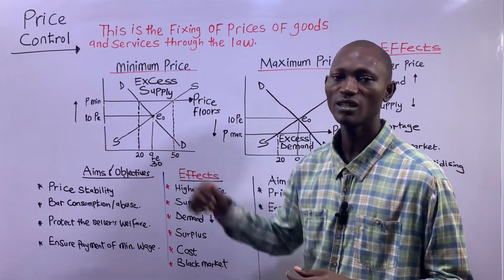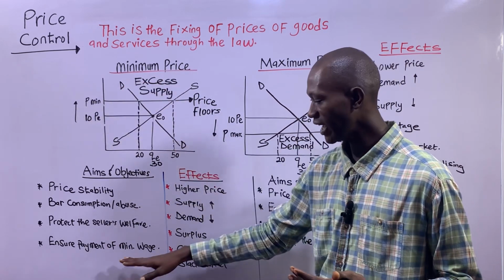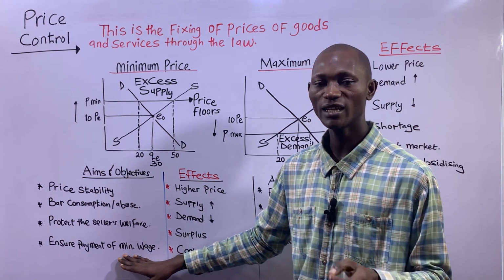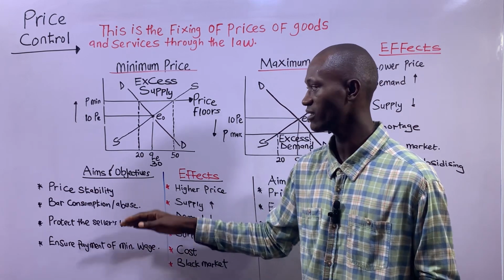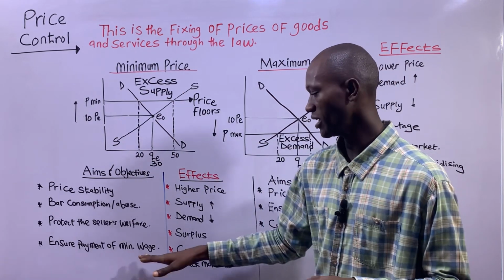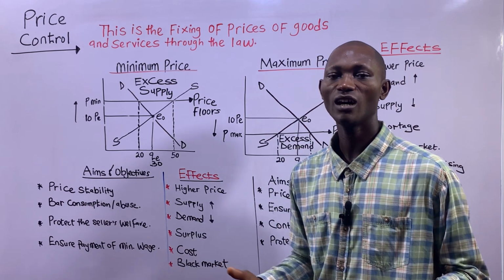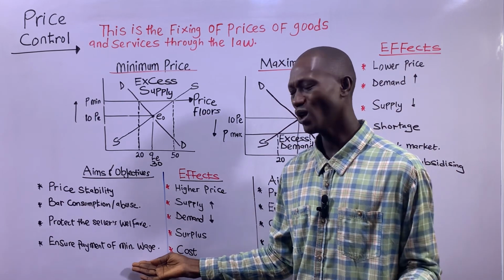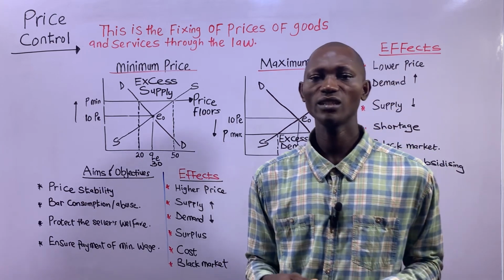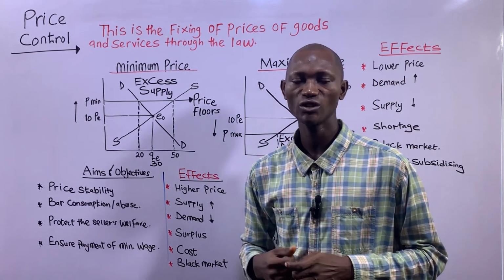Then they set the minimum wage a little bit higher. Then we did say here that when the profits of the sellers, producers increase as a result of the government setting a higher price for that particular product, then they will be able to pay minimum wage because now their profit has increased.